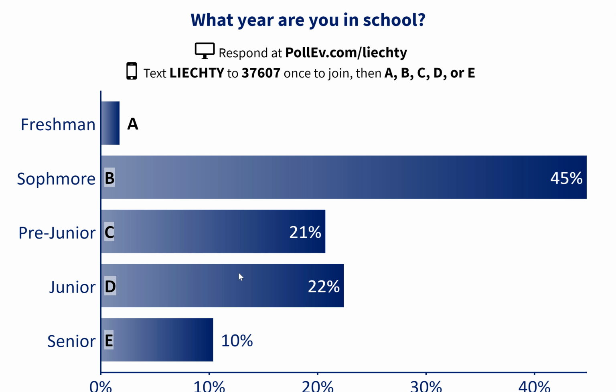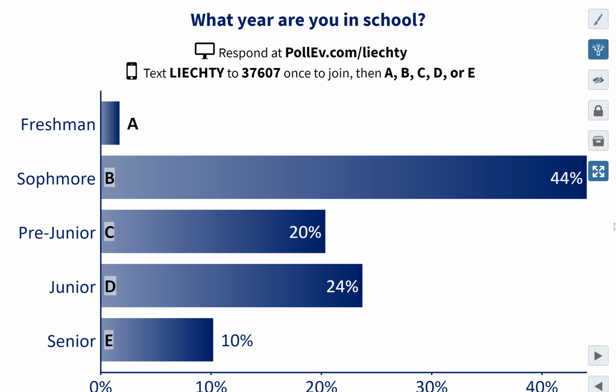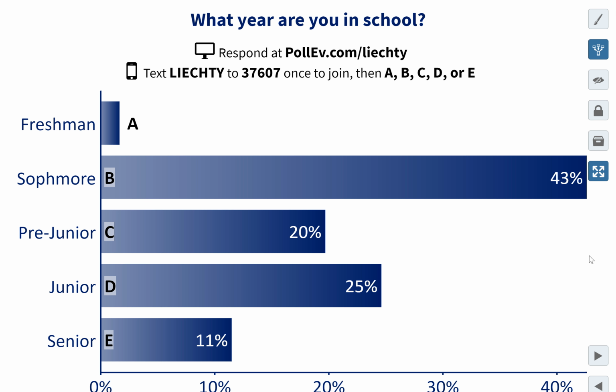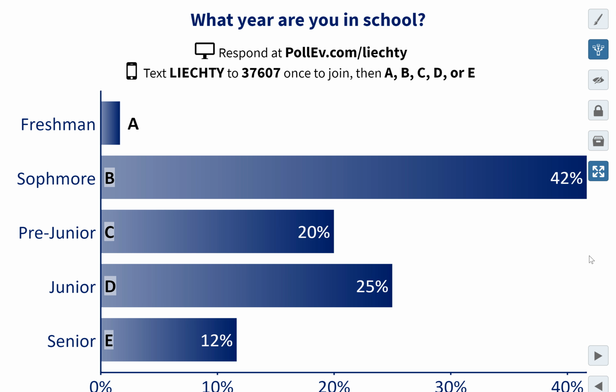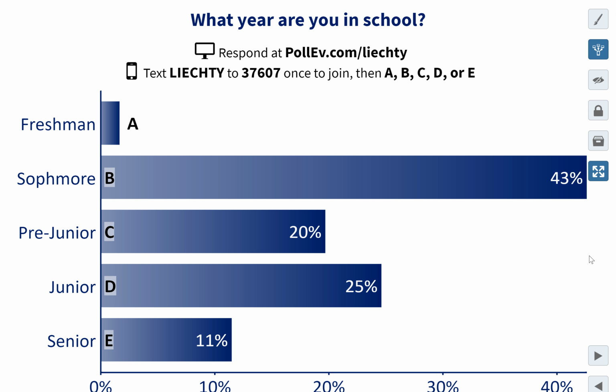Okay, so what kind of chart am I looking at here? This has a special name. This is called a horizontal bar chart. Horizontal bar charts are actually a little bit more difficult for humans to process than vertical bar charts. I don't know why they don't do vertical bar charts here or give you that option, but this is a bar chart, and what we have here are the relative frequencies.